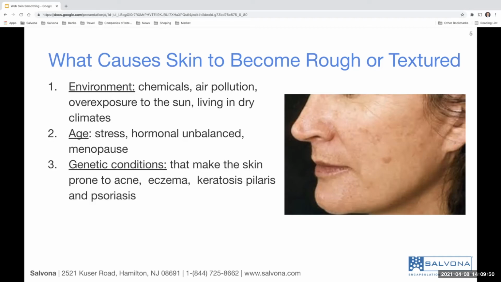Number three is genetic conditions, something that has nothing to do actually with the environment or the age. It's a genetic condition, which means the tendency to become very acne-prone skin, or skin that's sensitive to the immune system, so eczema, keratosis pilaris, psoriasis, and so on. So this is something that is affected by the genes, and it's a fact of the matter.